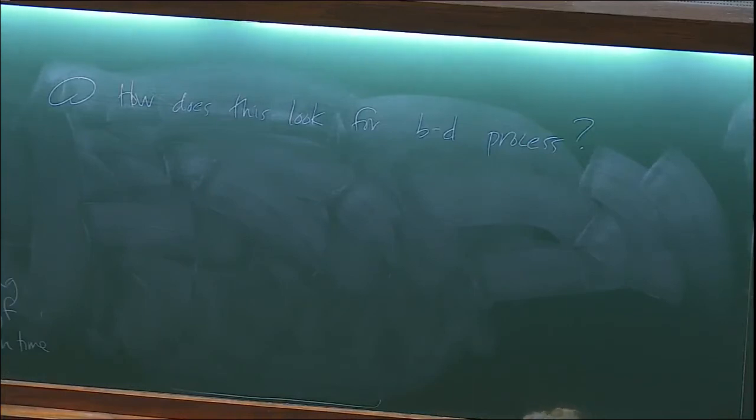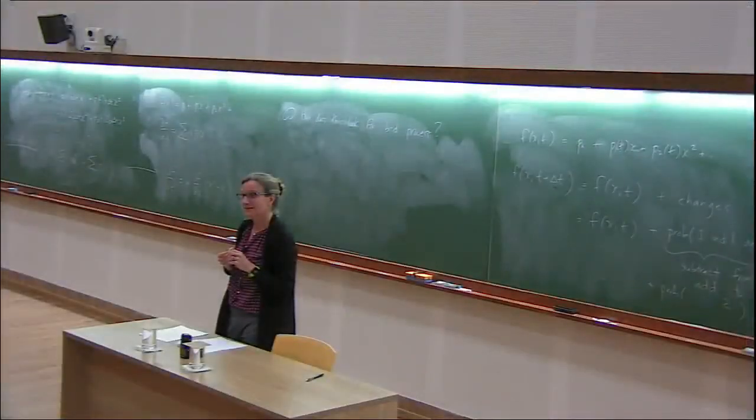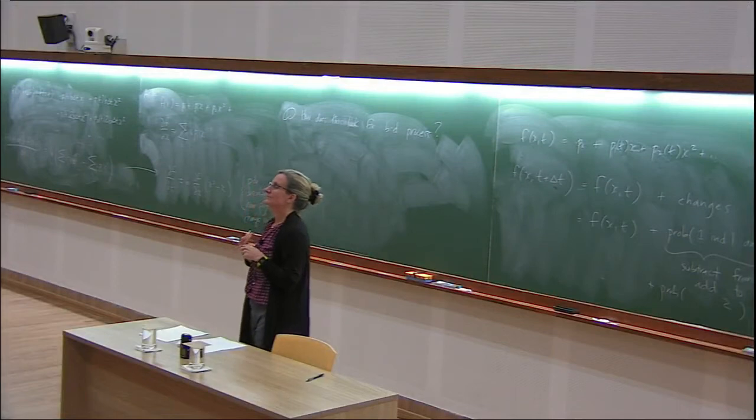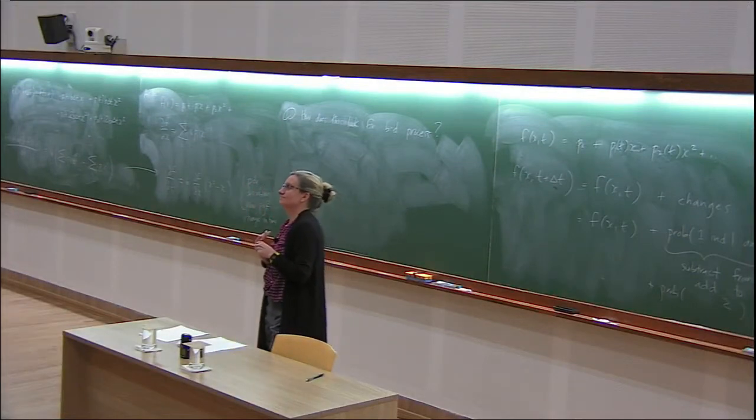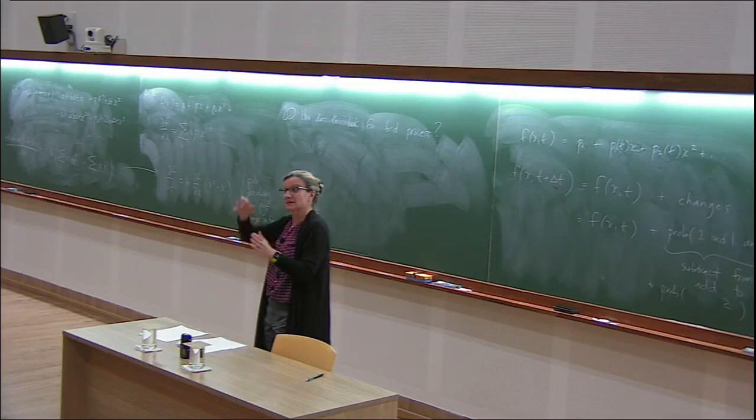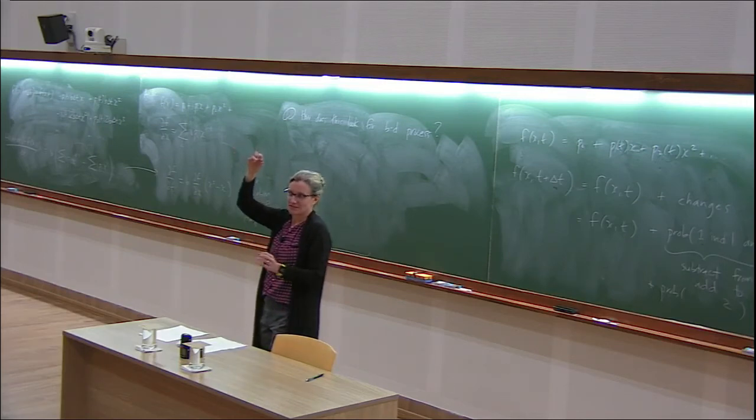More questions? Yeah. So you mean you're imagining a branching process embedded in a big population, like a big population of wild type.